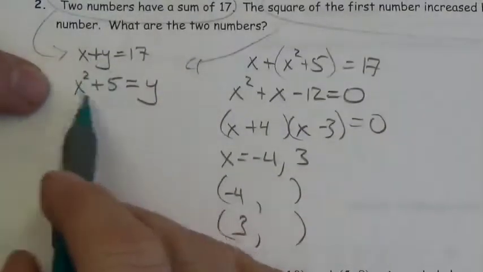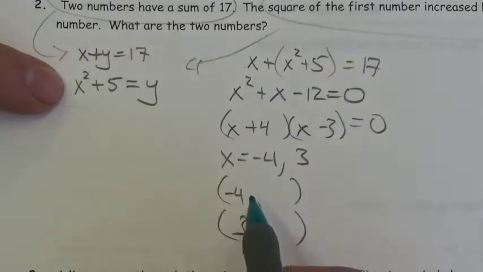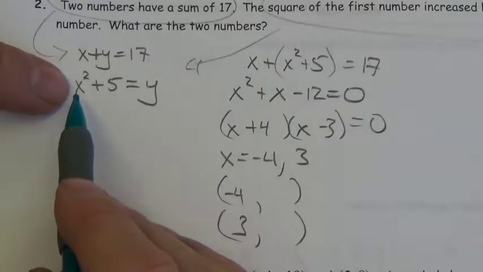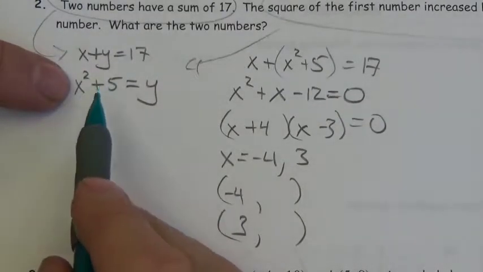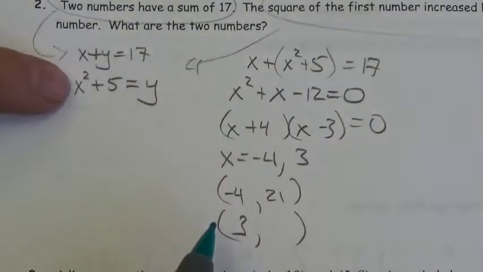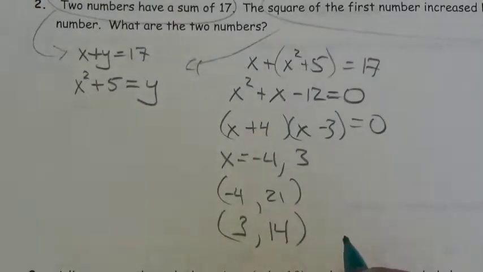Actually, you know what? Let's go to the x squared plus 5 here because that's going to be the easiest one to do. You don't normally go to the quadratic, but in this case it's going to be pretty easy. Negative 4 squared is 16, plus 5 is 21. 3 squared is 9, plus 5 is 14.